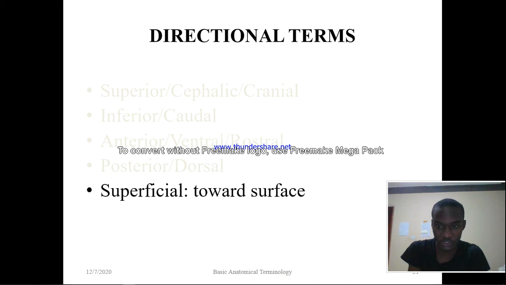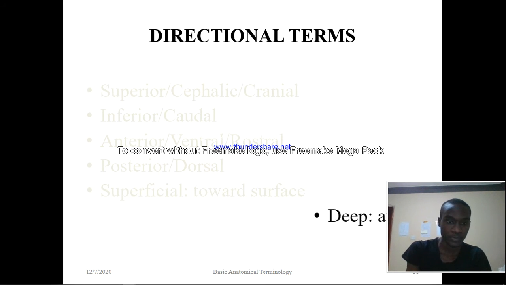And then the superficial, that is towards the surface of something. So when you're trying to locate a particular body part in relation to another, but it is towards the surface, then the term superficial is welcome for use.